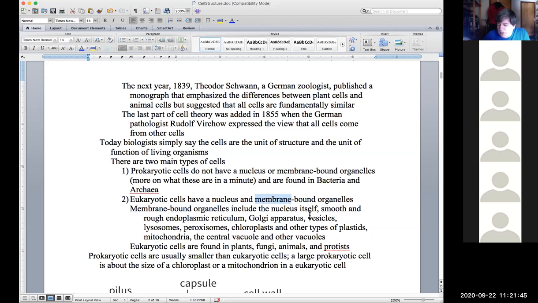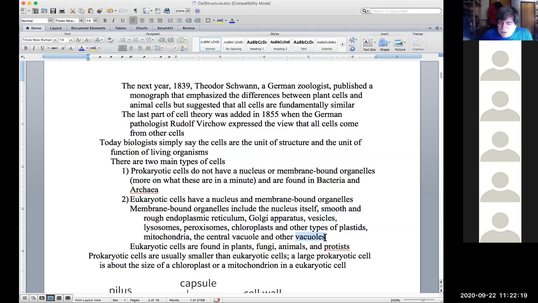So these include things like the smooth and rough endoplasmic reticulum, the Golgi apparatus, some things called vesicles, lysosomes, peroxisomes, chloroplasts, and chloroplasts are really one type of something called a plastid. Mitochondria and then all sorts of vacuoles. So these are the main membrane-bound organelles.